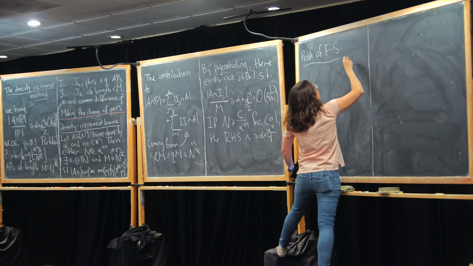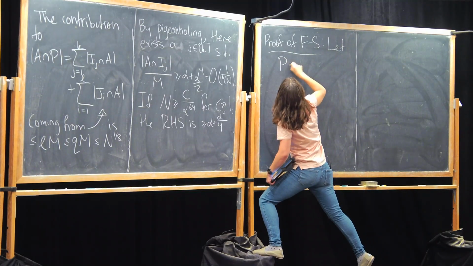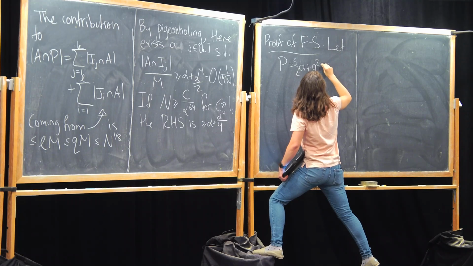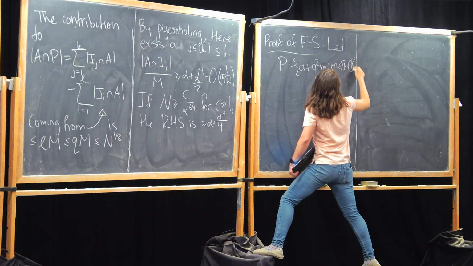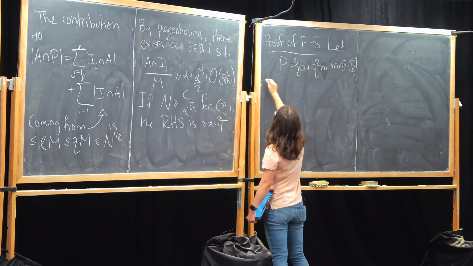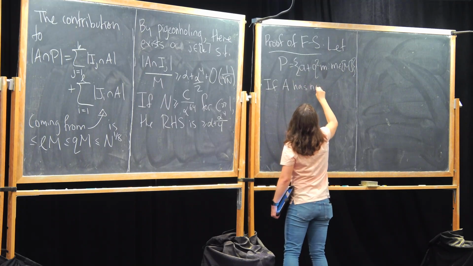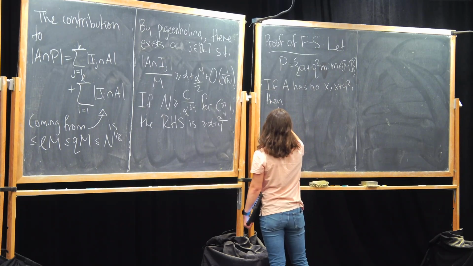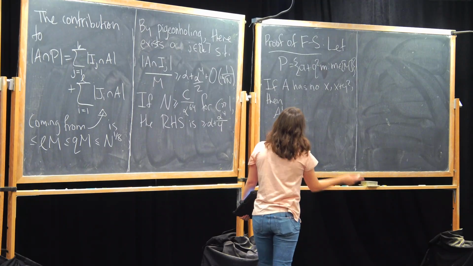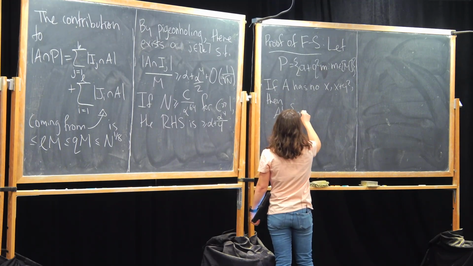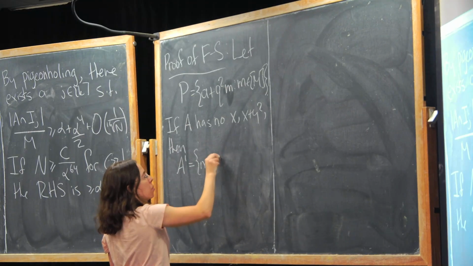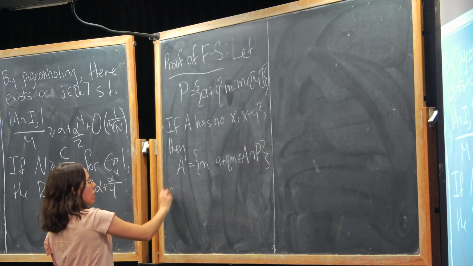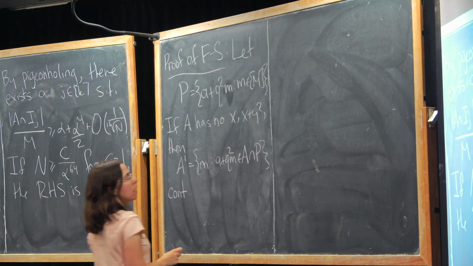The key thing to note here is that if we let P be any arithmetic progression with square common difference, and A has no non-trivial progressions x plus y squared, then the rescaled set A prime, which we get by taking the intersection of A with P, translating it to the origin and dividing by Q. So this will be all m such that a plus Qm is in A intersect P. Yes, definitely need Q squared.